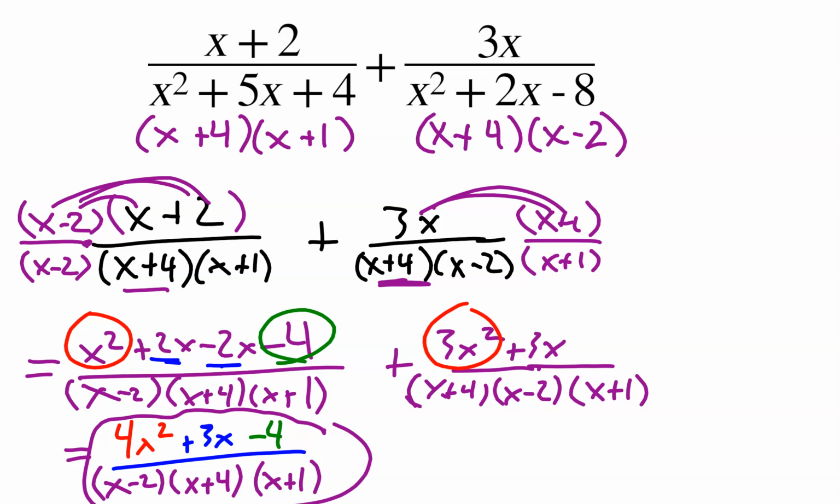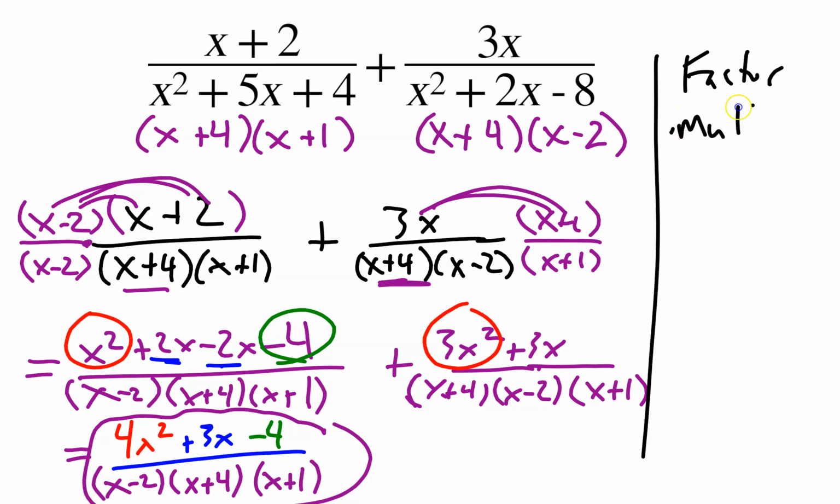We just have to, again, so if I could summarize this, let's do that real quickly. The idea, maybe on the side, is I want to factor first to see what's common and what's not common. Then I'm going to multiply by whatever factors are not common so that I get the same denominator.